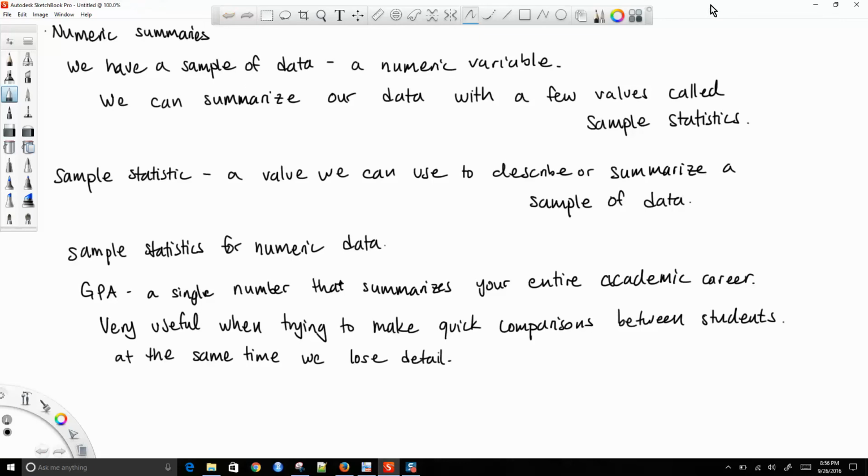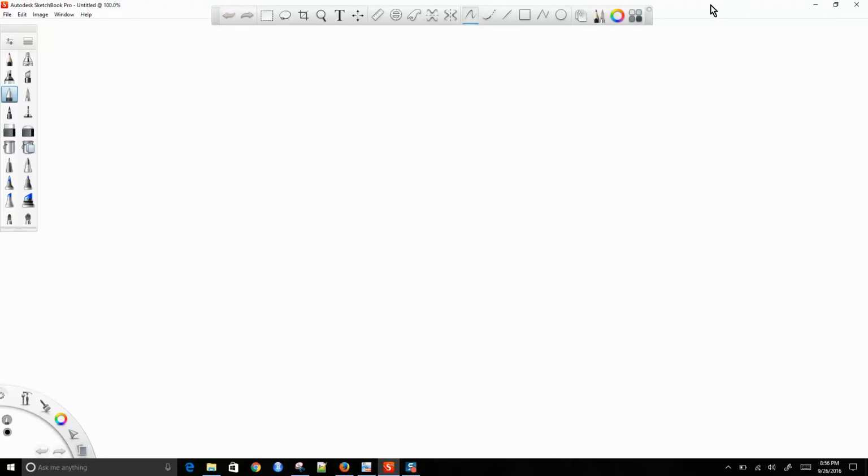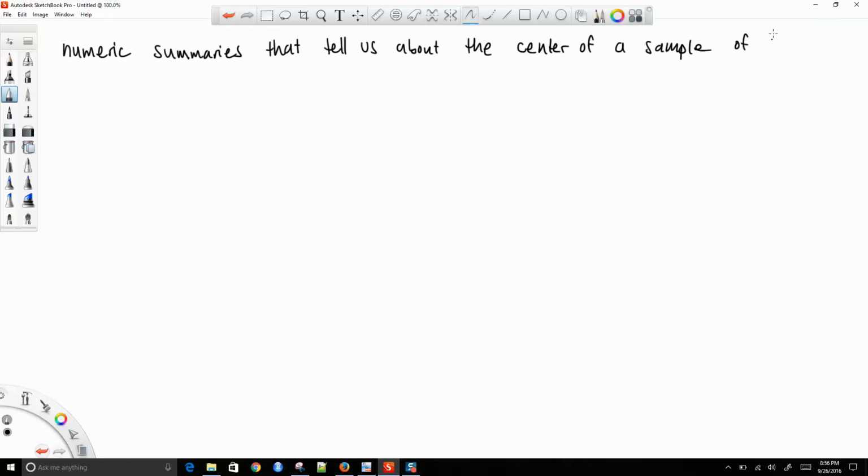As far as today's lesson goes, we will learn numeric summaries that tell us about the center of a sample of data, and those are things like the mean and the median. We also have numeric summaries that describe the spread or the dispersion.